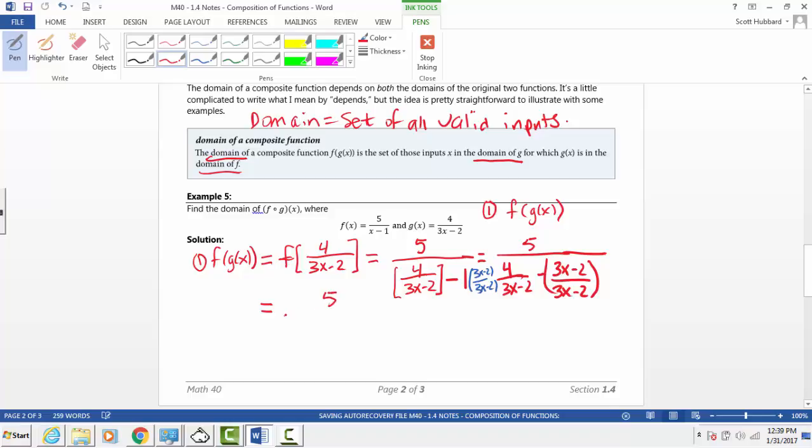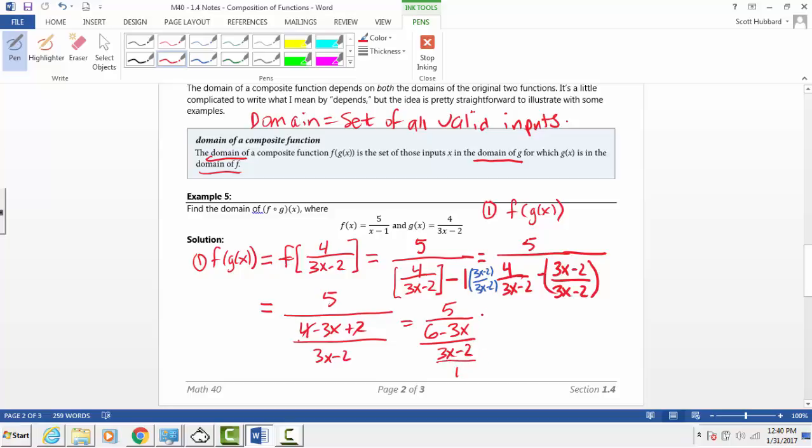We're going to get 5 over 4 take away 3x, and then negative negative makes a positive 2, all over 3x minus 2. And then we can combine those and we get 5 over 4 plus 2 is 6, so we get 6 minus 3x over 3x minus 2. Okay, we can stop there if we wanted.